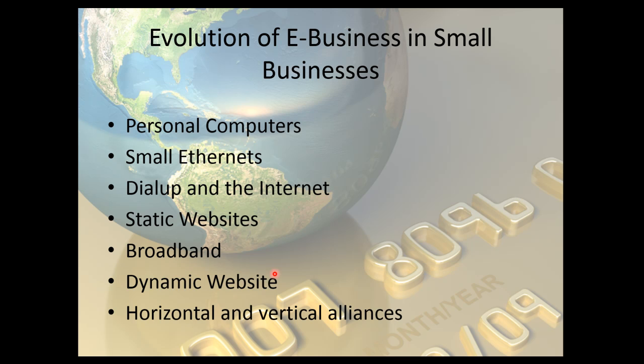So dynamic websites started really to come into fruition, and what this produced is the ability of producing horizontal and vertical alliances. If you think about this, now we can outsource our technical support center overseas, and they have access to the same information that I have in my internal office here in the States.